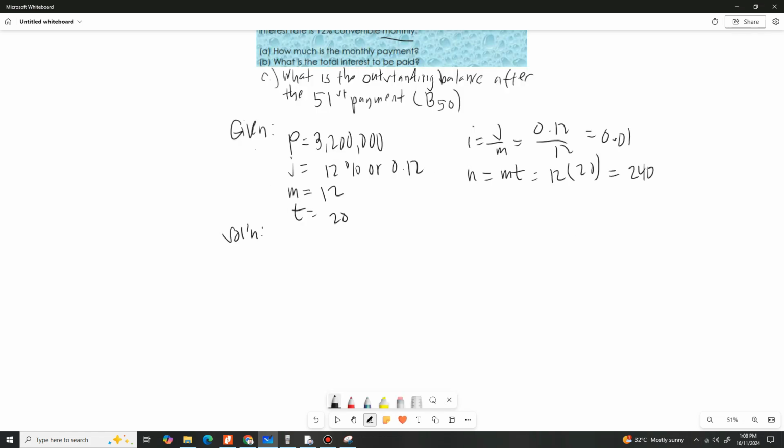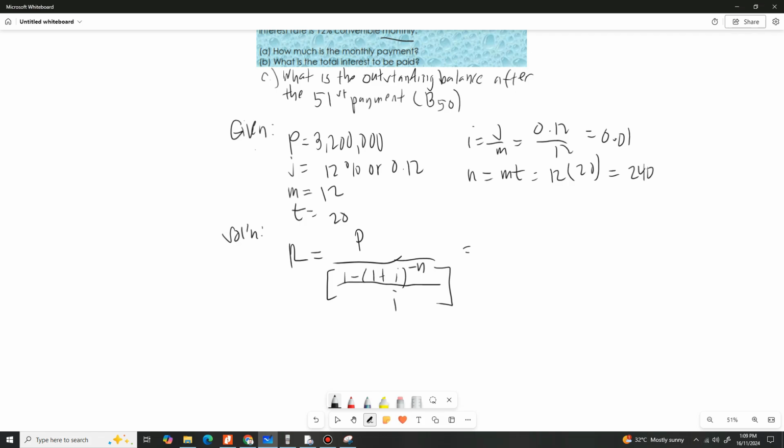So first, how much is the monthly payment? The formula is R equals P all over 1 minus 1 plus I raised to the negative N, all over I. This is the formula for the regular payment of a simple annuity.